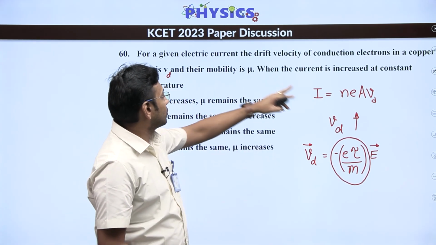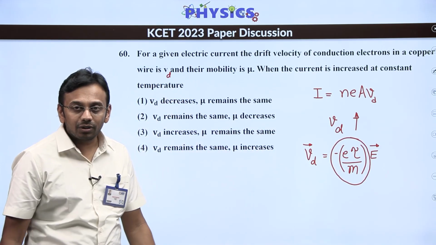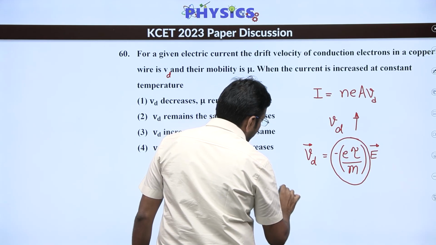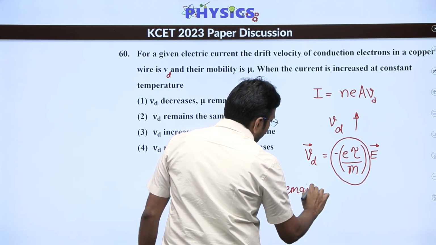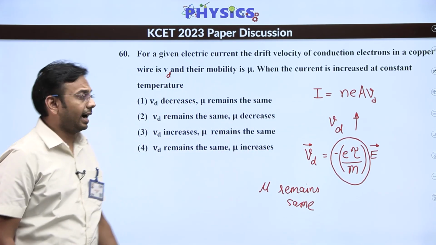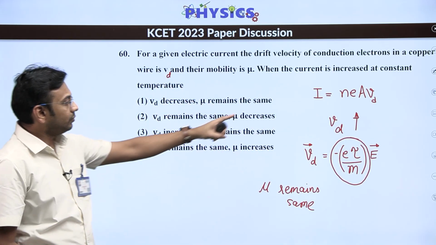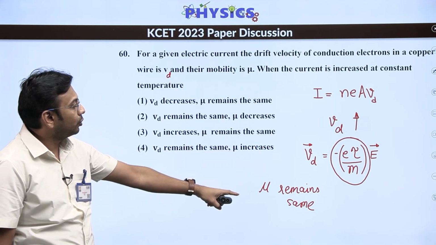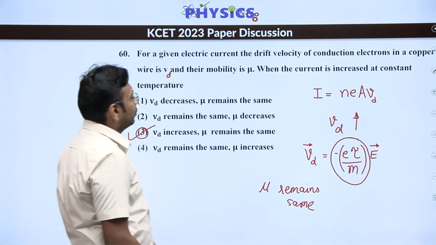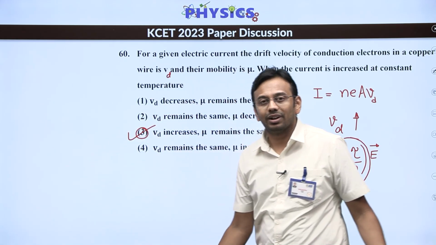So temperature remains constant, mean relaxation time will also remain constant, so mu remains same. Combine these two and identify the correct answer. Vd increases but mu remains the same, alright.